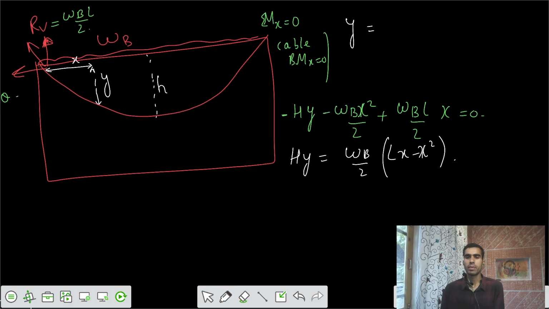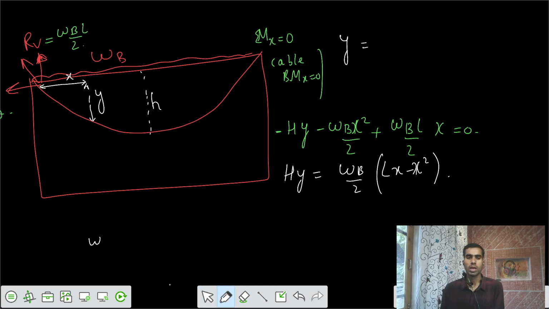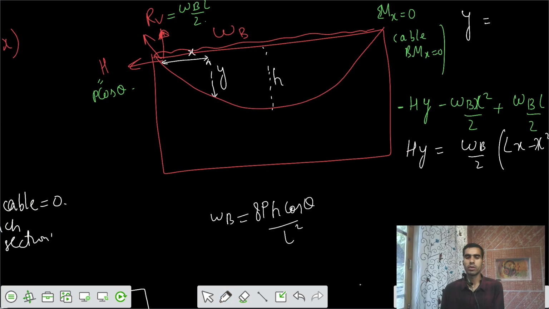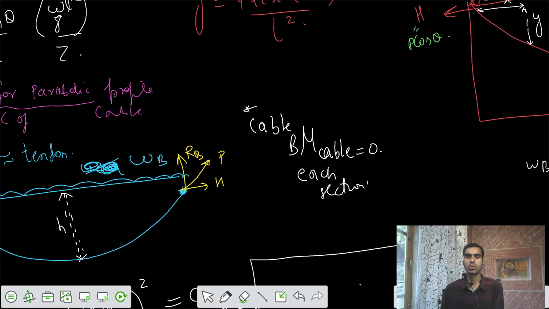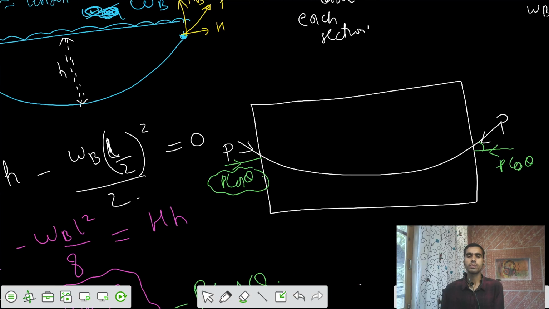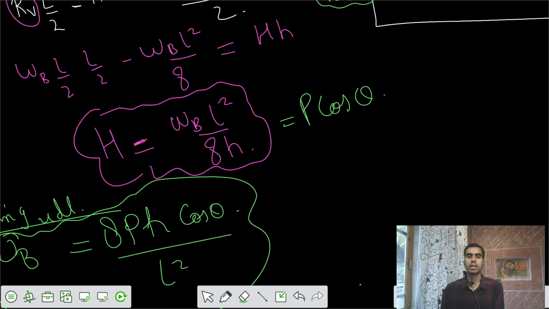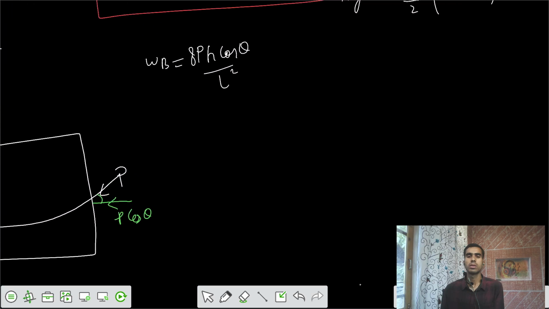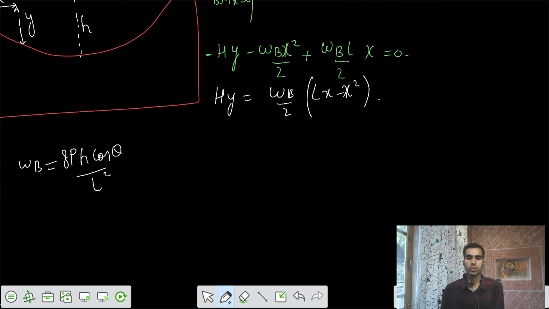Now I substitute the value of WB as 8PH cos theta by L square, as per our calculations, the balancing UDL of 8PH cos theta by L square. Let's substitute here.